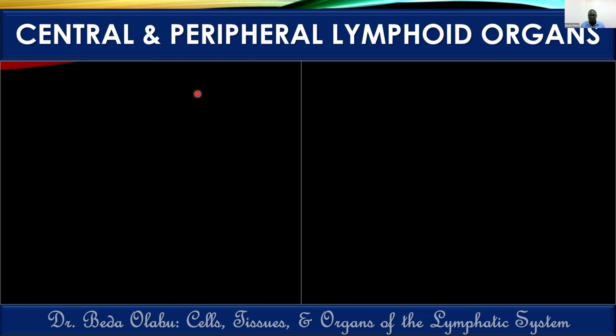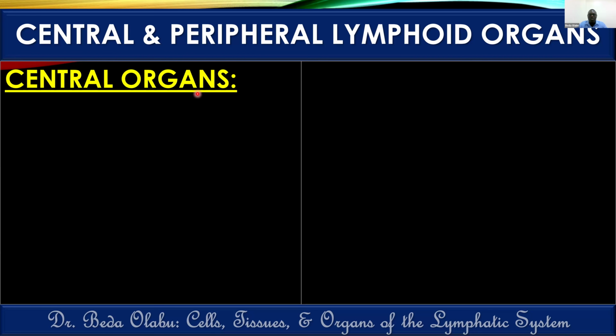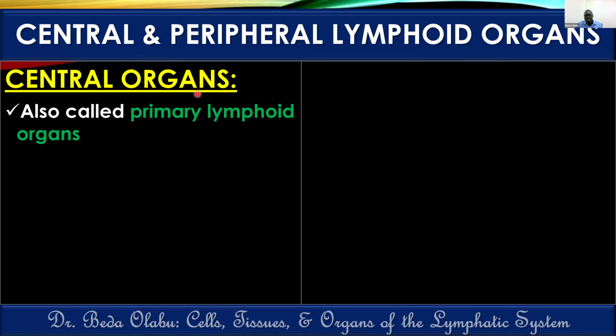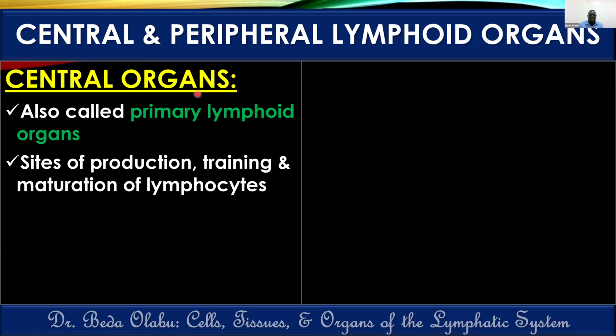These organs, I've already given you a list of them. Which of them are we considering as central and which one are we considering as peripheral, and why? Central lymphoid organs are also known as the primary lymphoid organs. They constitute the site of production, training, and maturation of the lymphocytes.